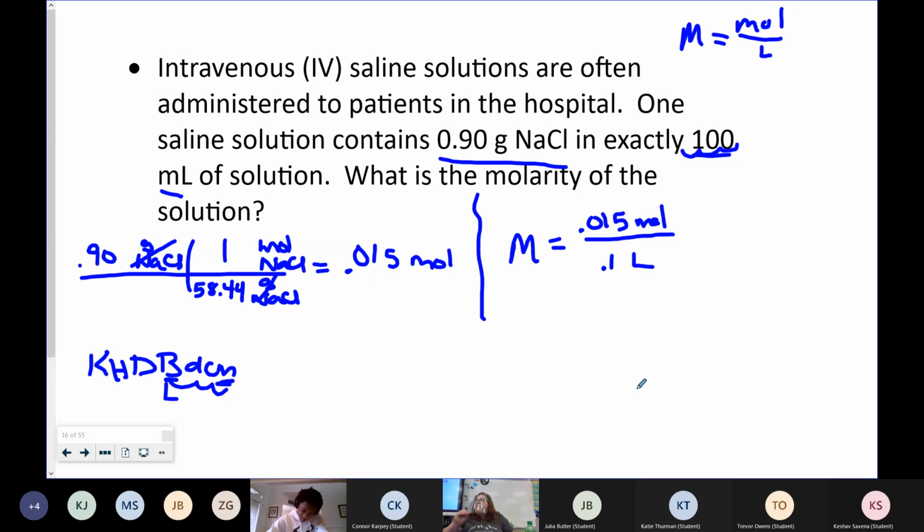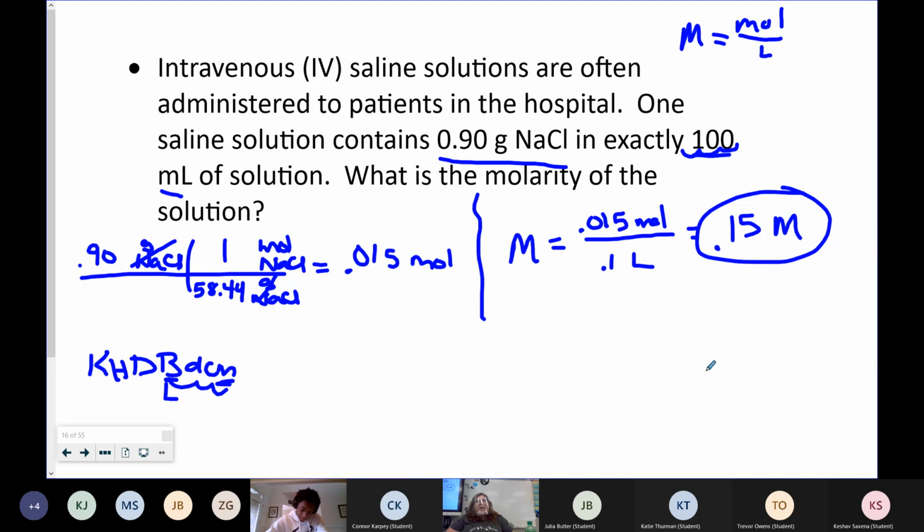So now that we have moles and liters, we can just plug that in the calculator to solve for molarity. We would do the 0.015 divided by 0.1, and we get 0.15, and the unit for molarity is just that capital M. So it's 0.15 molar sodium chloride.